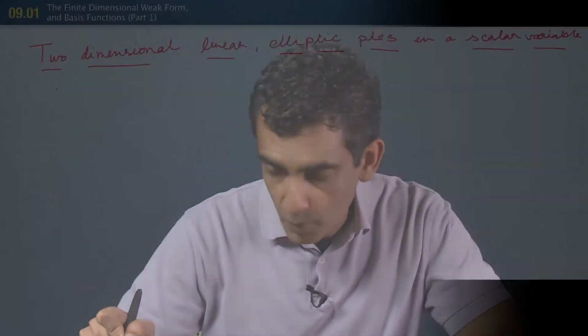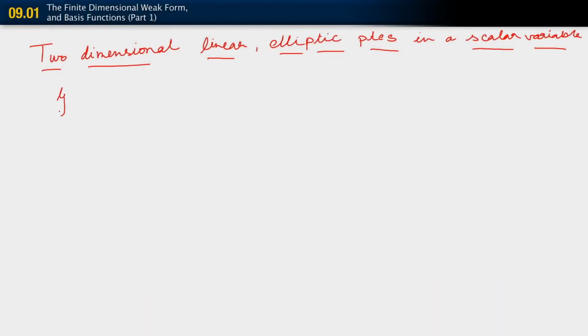Okay, so just for completeness, I'm going to put down fairly quickly the strong form and the weak form. Okay, and in fact, because I'm going to do that fairly quickly, let me straight away say that we're given the data.